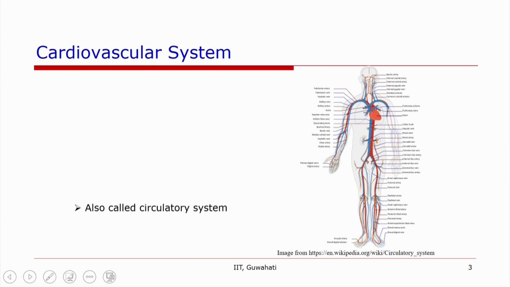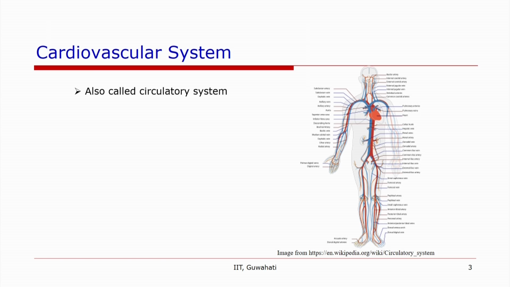Coming to the cardiovascular system. The cardiovascular system is also called the circulatory system because it is the transport system which circulates blood in the entire body. It is a fluid dynamic system.